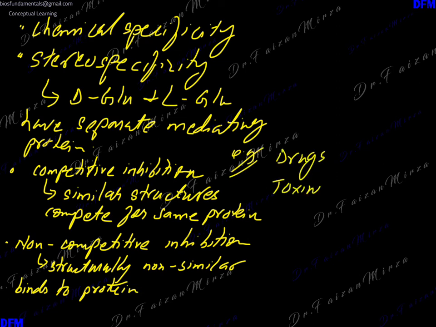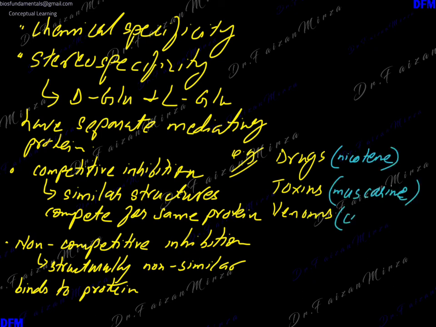For example, there are drugs, toxins and venoms, for example nicotine, that's a drug, and toxin muscarine, or cobra venom. All these have specific target sites where they go and bind to a specific protein present on the membrane of the cell, thereby disrupting the normal functioning of that protein and affecting the overall functioning of the cell.